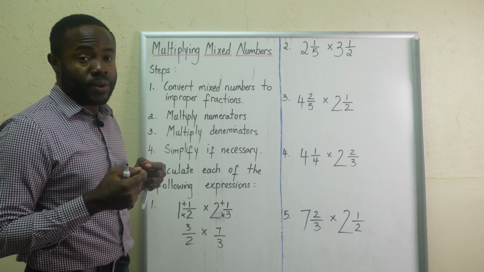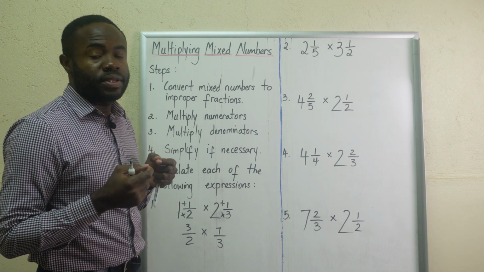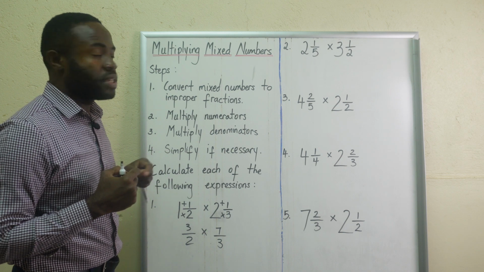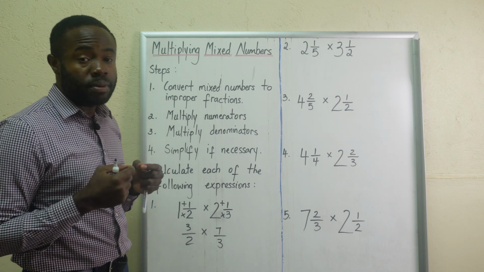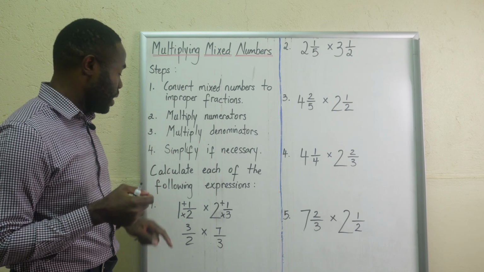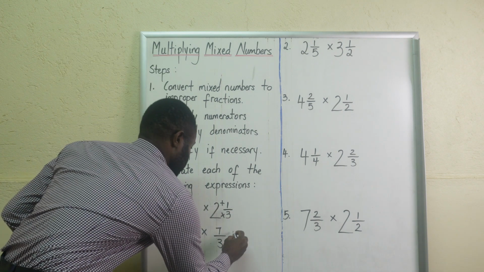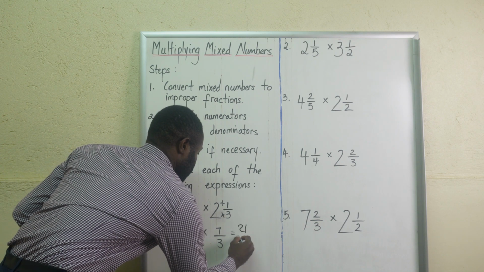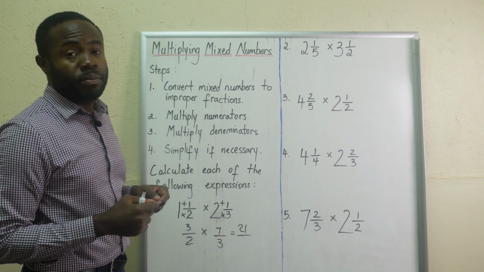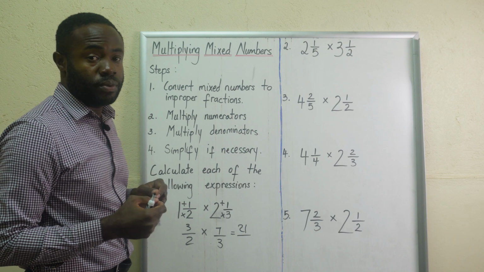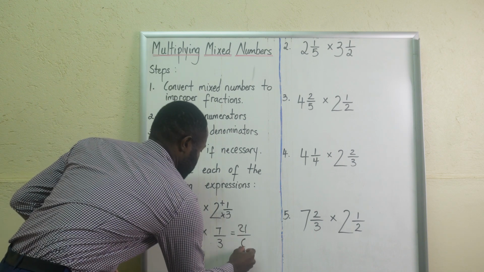After you have converted your mixed numbers to improper fractions, the next step is to multiply the numerators. So let's do that. So it's 3 times 7, which is equal to 21. And then we multiply 2 times 3, which is equal to 6.